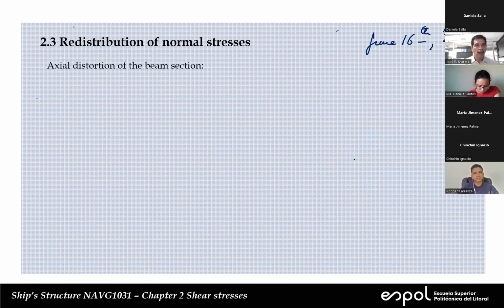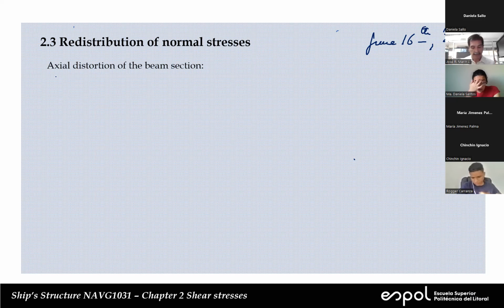Okay, so we're going to explain how to calculate the axial distortion of the beam section, okay? Right now, if you have a transverse section, that's the x-axis, that's your section.